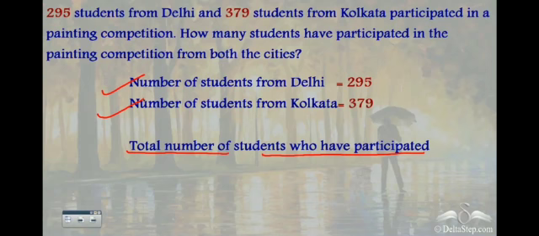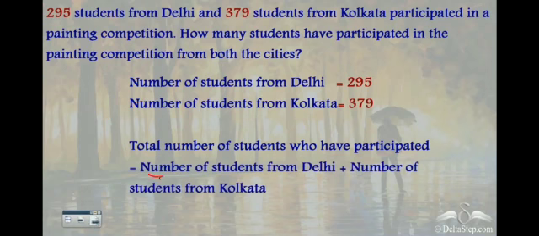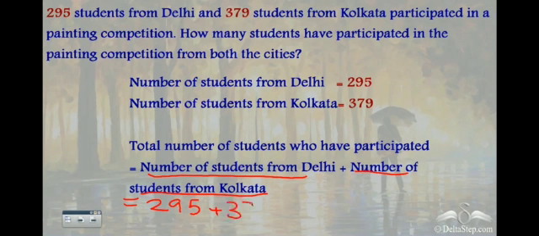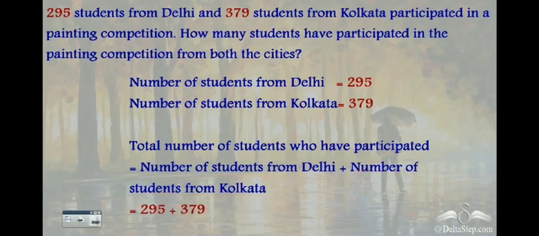So number of students from Delhi plus number of students from Kolkata. Now this number is given to us as 295 and this number is given to us as 379. So this is what we have, 295 plus 379.